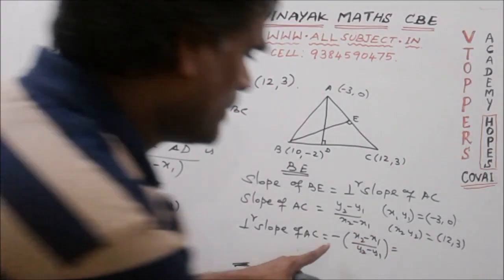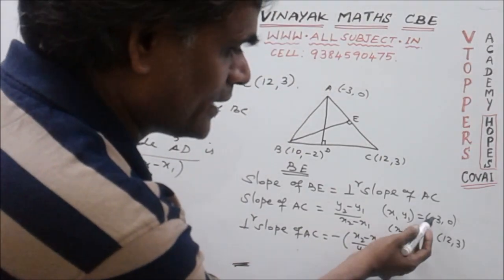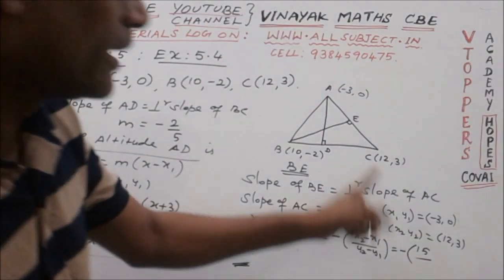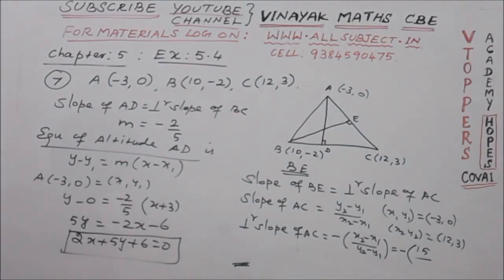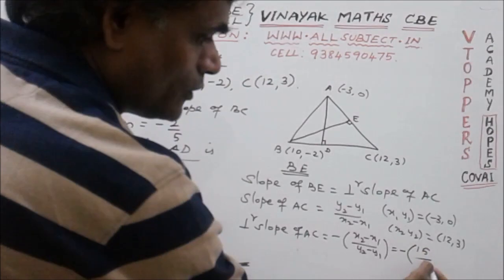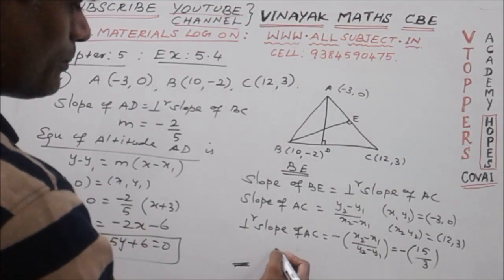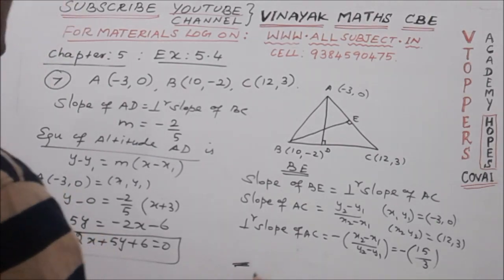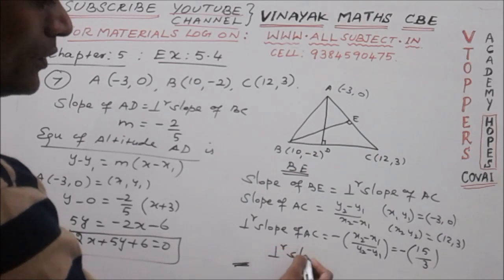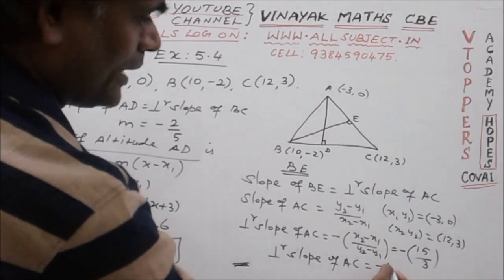Substituting, minus, then x2 minus x1, 12 minus of minus 3, that is 15, divided by y2 minus y1, 3 minus 0, that is 3. We can cancel that. Therefore, the perpendicular slope of AC, which equals the slope of BE, is minus 5.